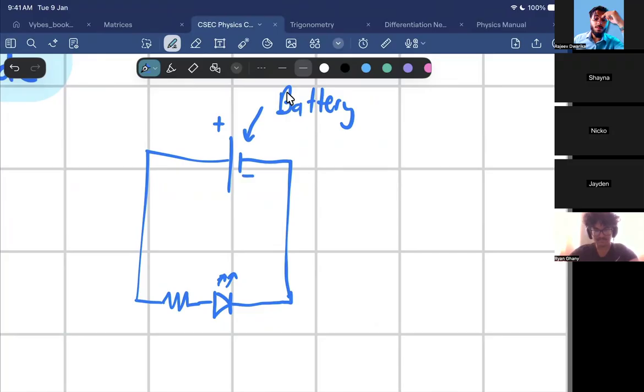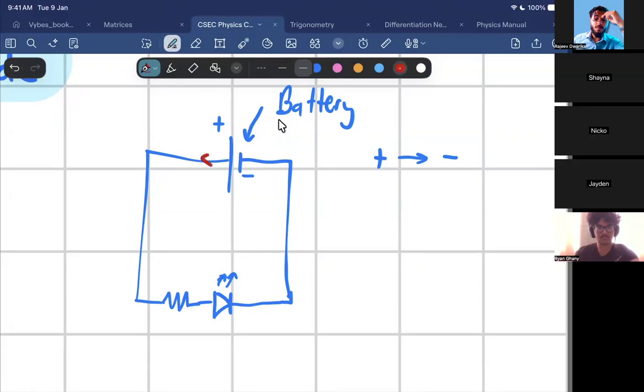Which one do we use? Conventional flow of current or electron flow of current? Nikolai, I think you were there for that class. Conventional or electron flow of current? Conventional. And conventional flow of current goes from positive to negative. So, Jaden, the current is going to go from the positive to the negative. You with me?